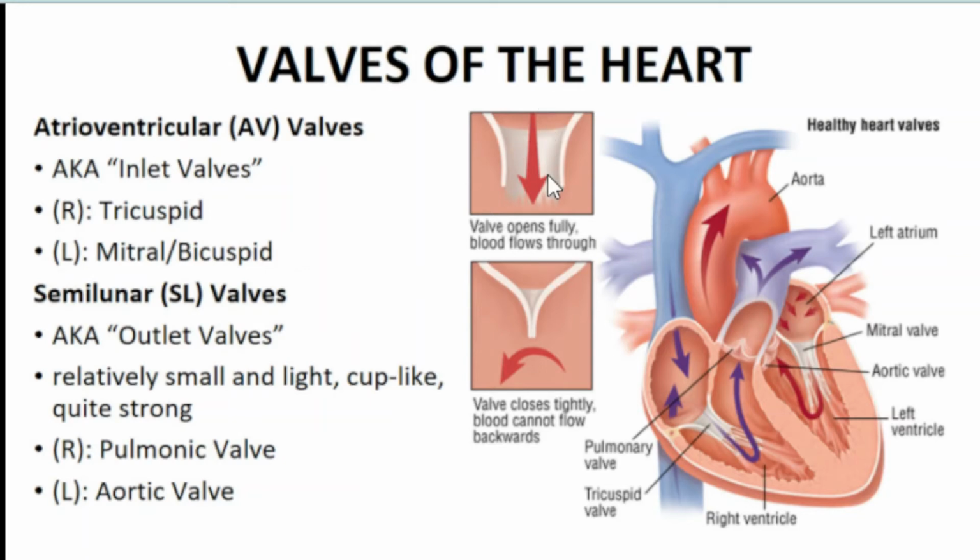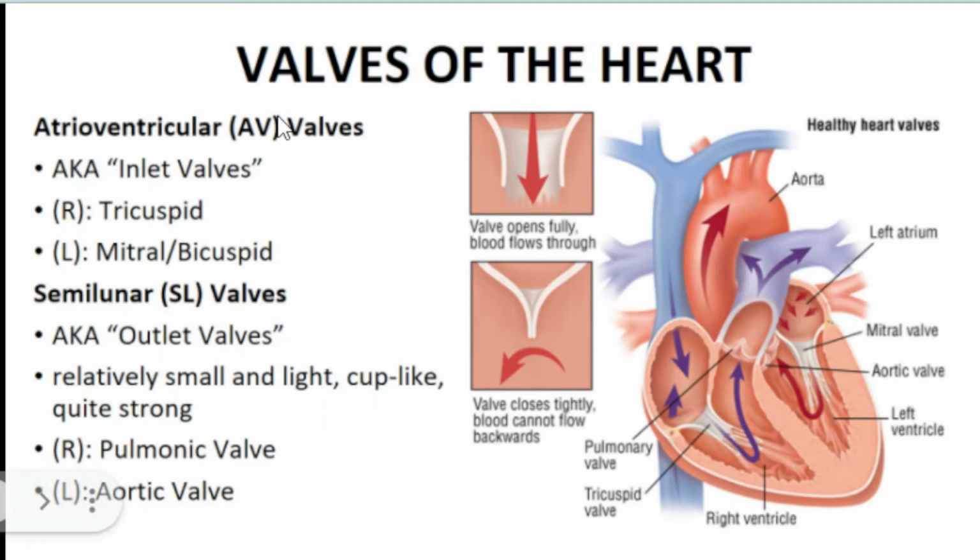But when they are closed, blood cannot flow through, and blood cannot flow backwards from where it came from. That's how important these valves are. That's why the valves keep the blood flowing in one direction.